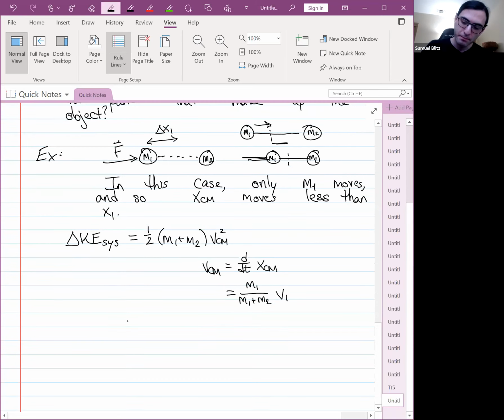So plugging that in, and by the way, we get that just from working out the formula for what x_cm is, taking the derivative, and then setting the speed of mass 2 to 0. What we get is 1/2 (m1 plus m2) times (m1 divided by m1 plus m2) squared times v1 squared.